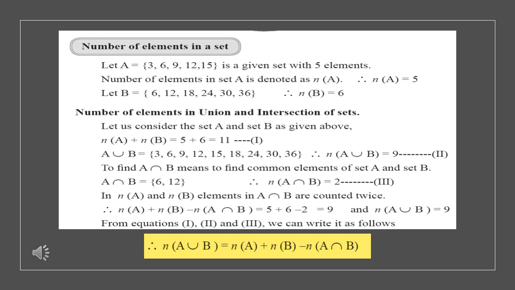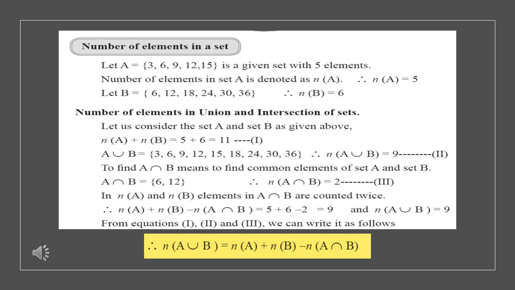Then we will find the union of set A and B. So union gives me 3, 6, 9, 12, 15, 18, 24, 30, 36. But I don't want only union. I want number of elements of union. So count the number of elements in union of A and B. Yes. So I get n bracket A union B is equal to 9. This is my second equation.